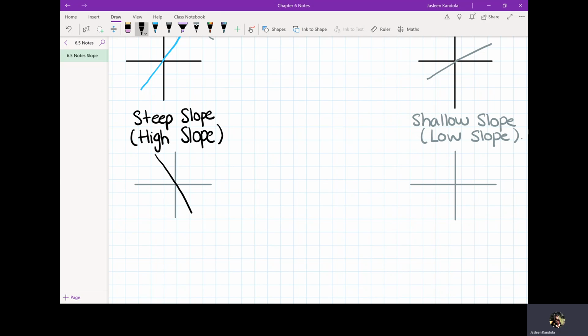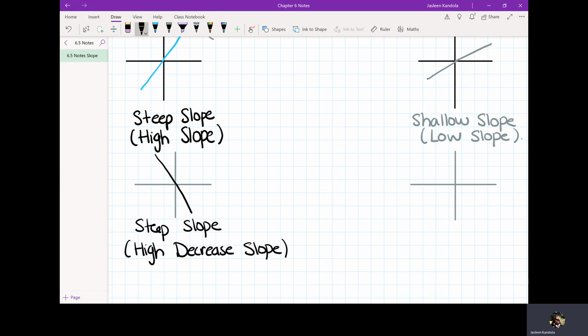As we see, it's going downwards, so this would be a steep slope, but a high negative slope. Steep slope, but you would say high decrease slope.